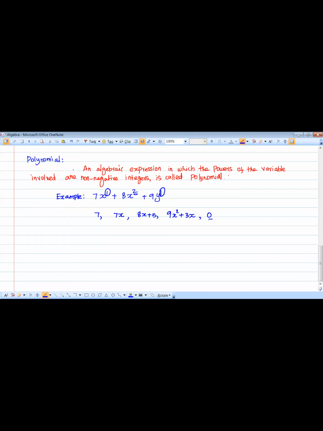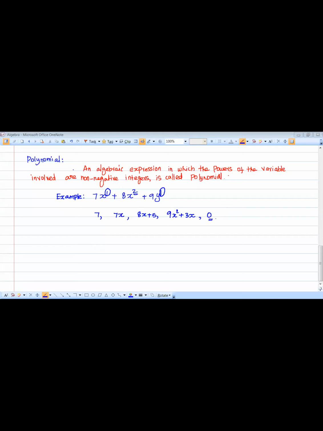Now tell me, zero is a constant or not? Can we say 0 is an algebraic expression?